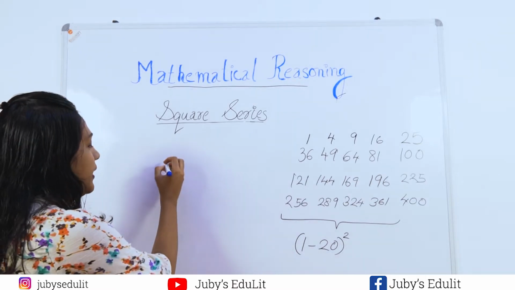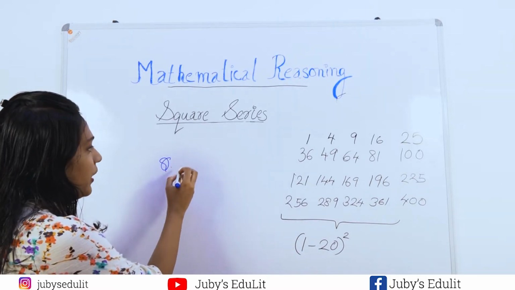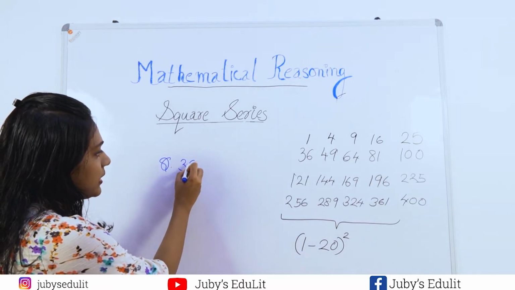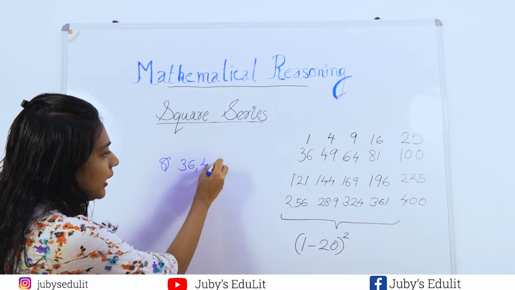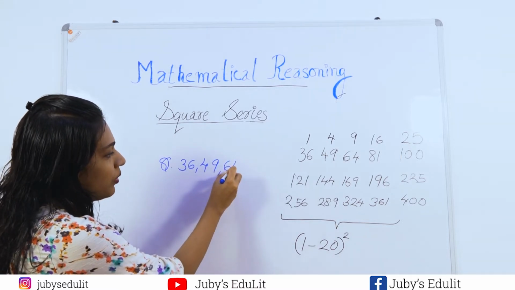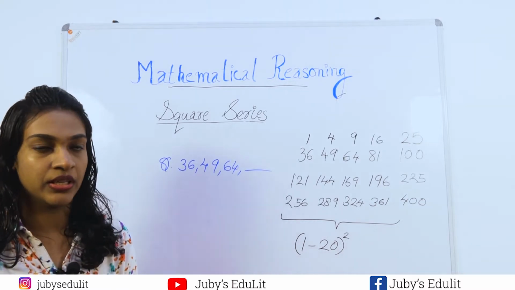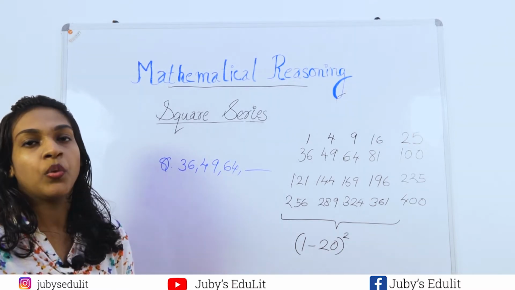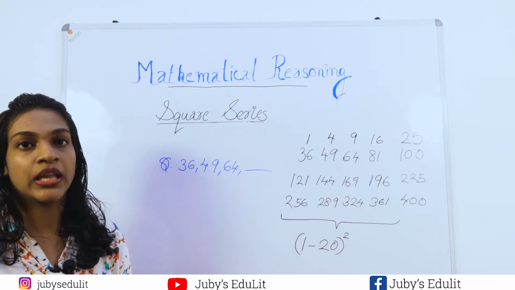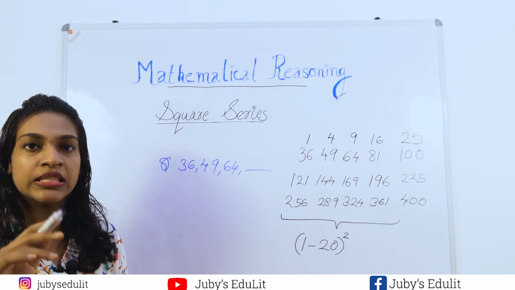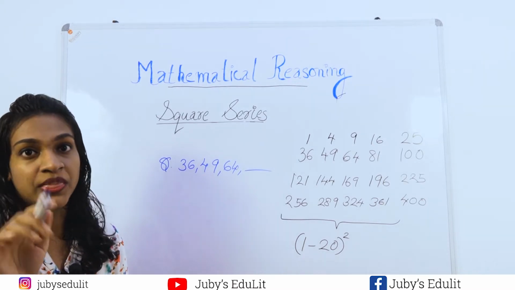An example question is like this: 36, 49, 64, and what is the next number? This is an example question, and when you look into the question, you can understand by yourself. 6 into 6 is 36.